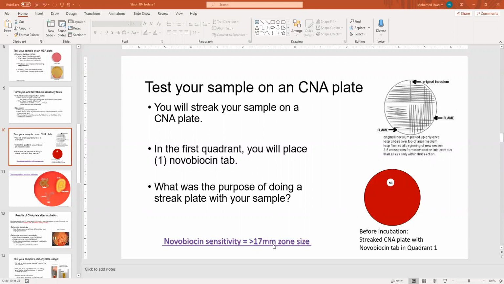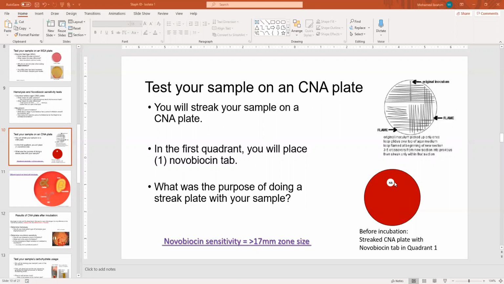It is critical because when you measure the diameter of the inhibition zone, it will give you some information about the bacteria that you are dealing with. We call a bacteria sensitive to novobiocin if the inhibition zone is 17 millimeters or more.